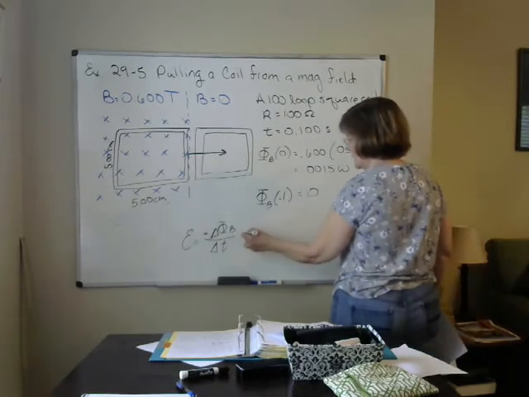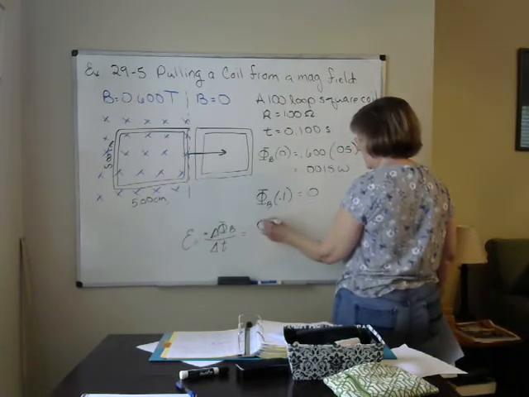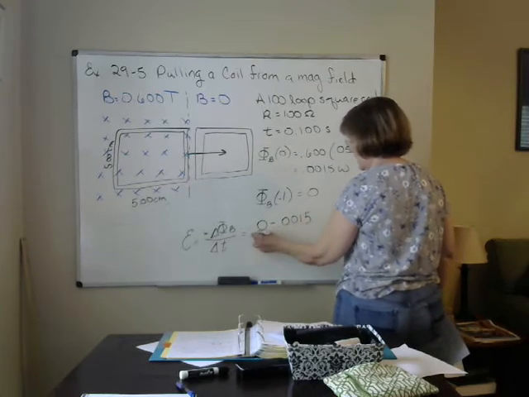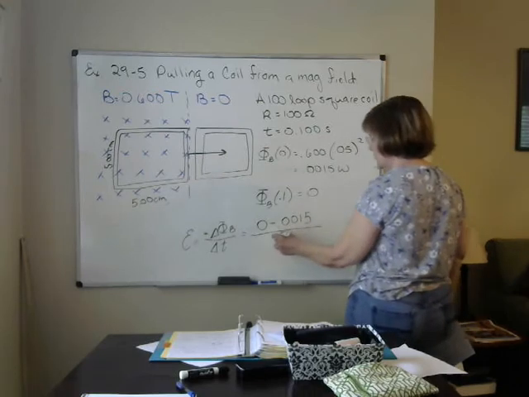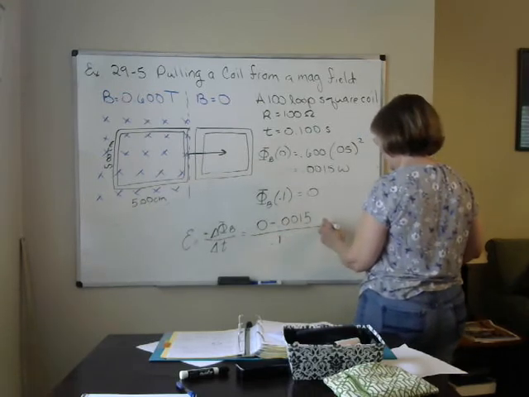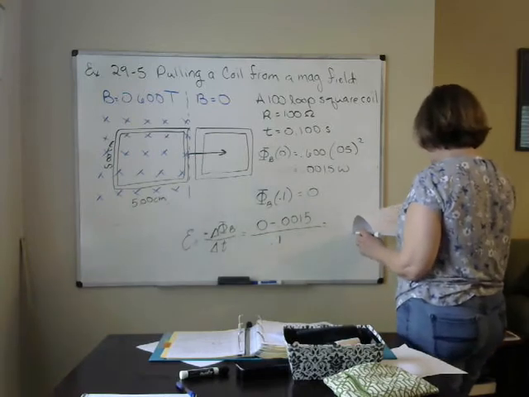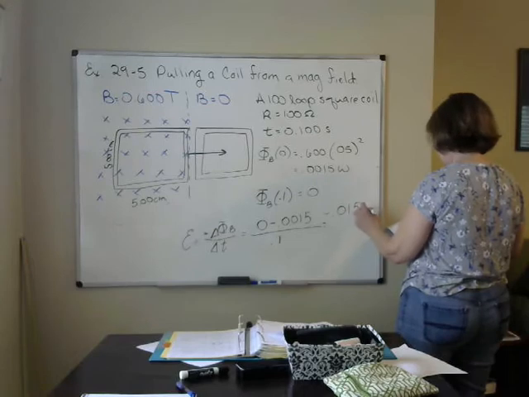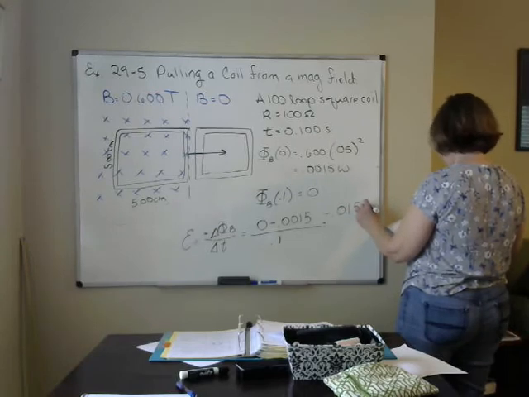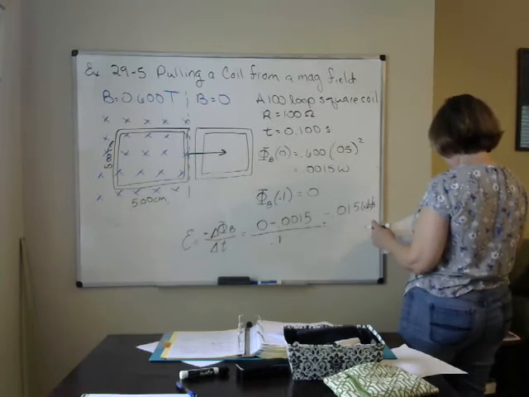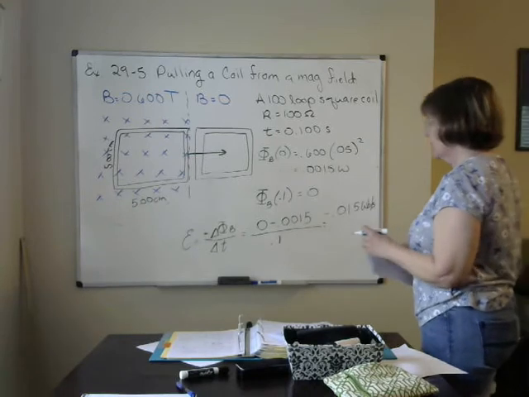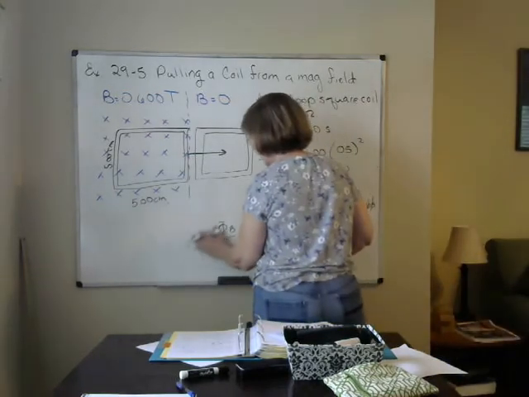So my final is 0 minus 0.0015, and the change in time was 0.1. So that comes out to be negative 0.015 Webers per second. Okay, that's for a single loop. So maybe I better just take that off. That is the change in flux.